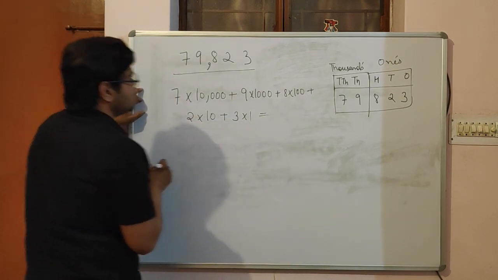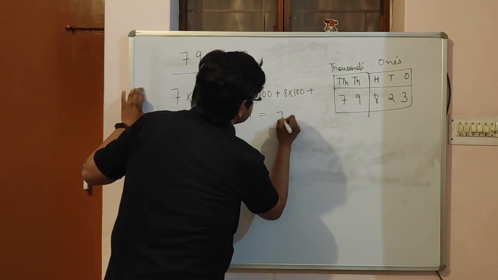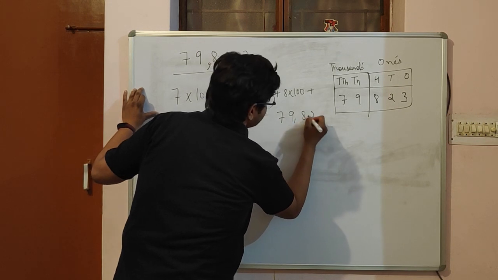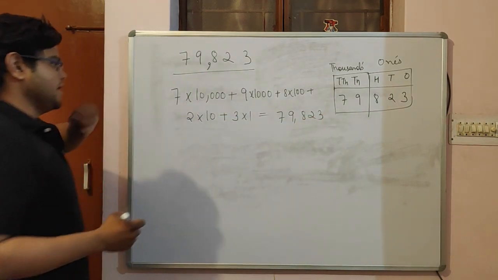And if you add all of these numbers, then you will get 79,823. So this was your expanded form.